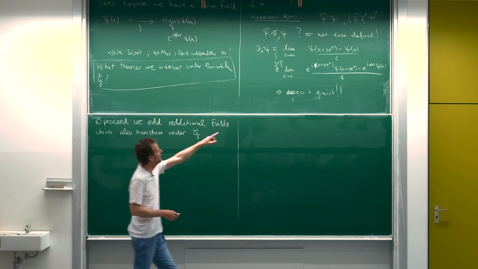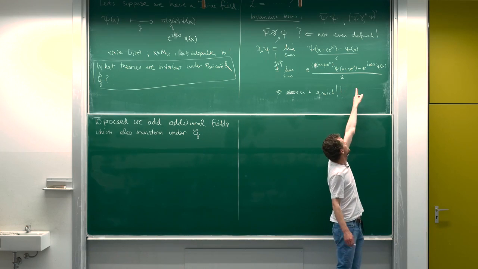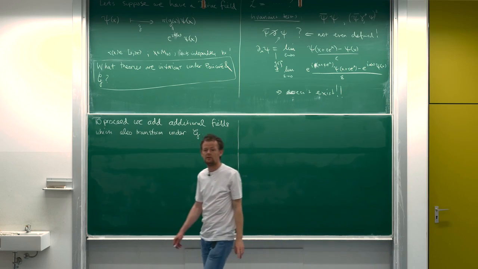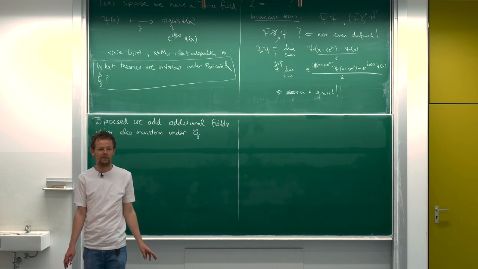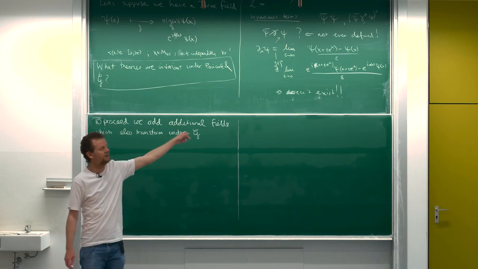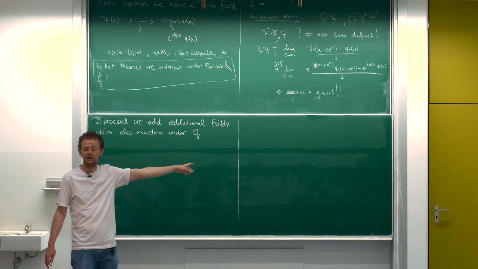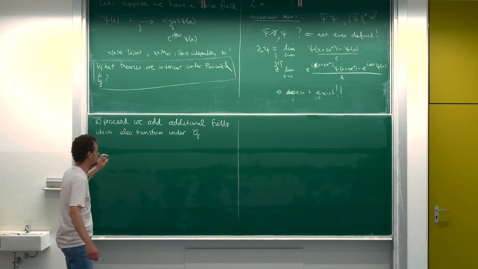We're trying to compare psi at x plus epsilon e mu with psi of x. Our naivest comparator, which is to just take the fields at the different locations and compare them directly, doesn't work. But there's another way to get around this.